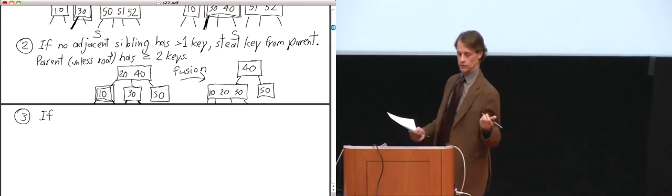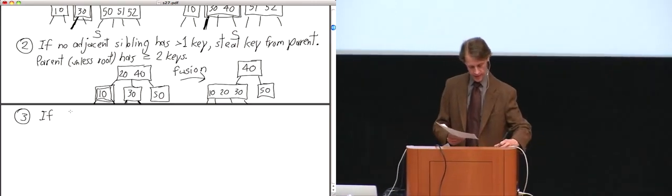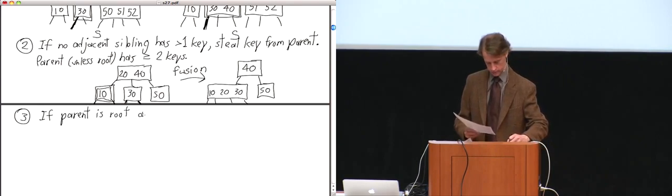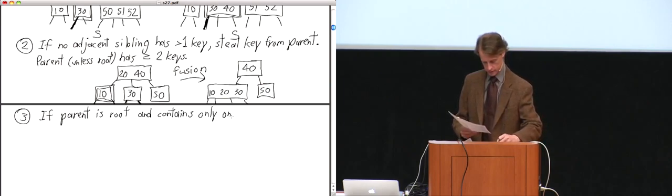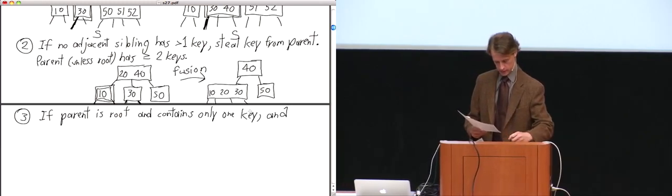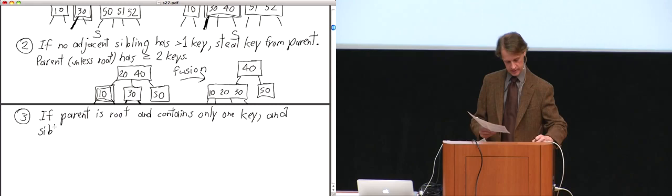So if the parent is the root and has 1 key, then that's a special case. And also if the adjacent siblings only have 1 key, well, there's 1 sibling now.